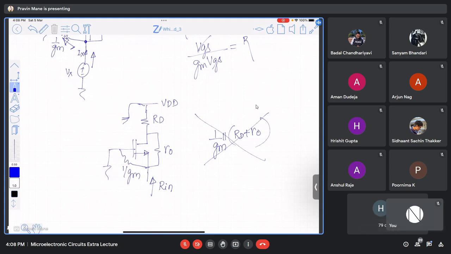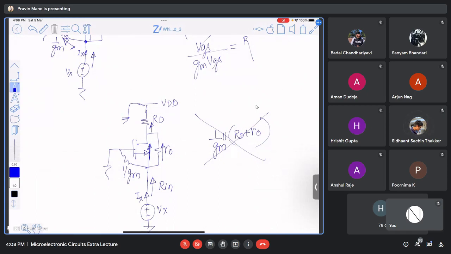The reason is, if I apply a known voltage source here, this current is Ix. What is the current flowing through RD? This current plus this current will be the current flowing through RD. What is the current flowing through the MOSFET?